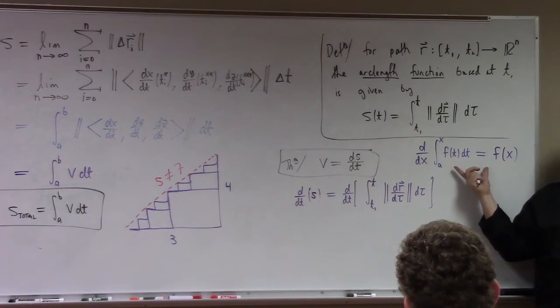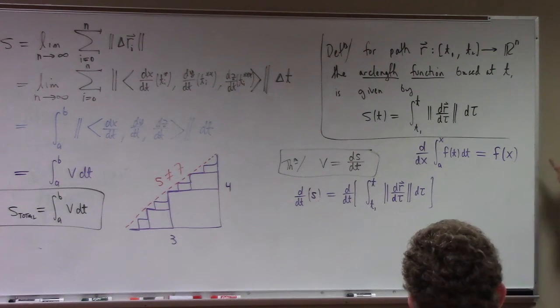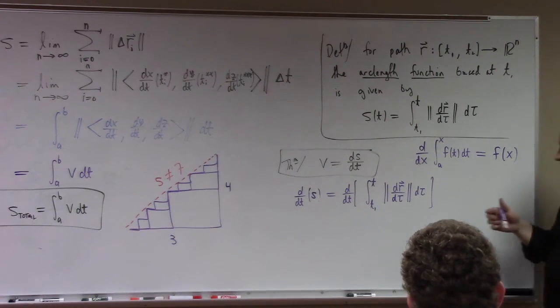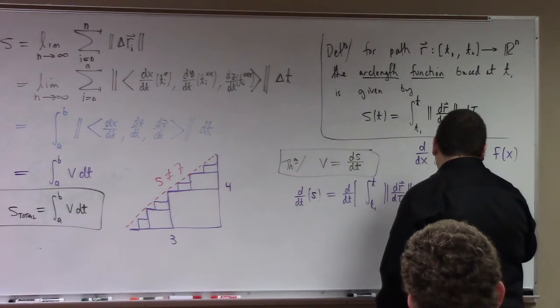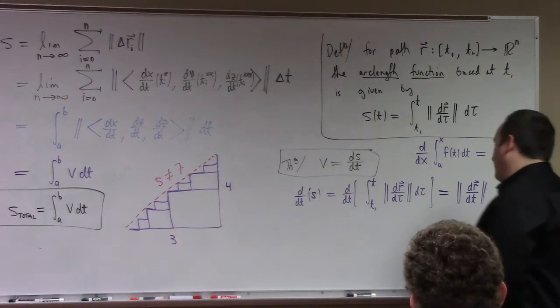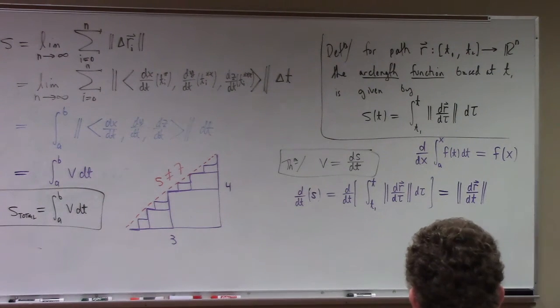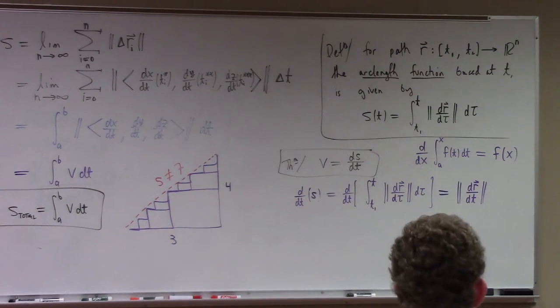This is the fundamental theorem of calculus part 1 or 2, depending on the textbook you look at. But in my default, it's 1. Anyway, the point is that that is equal to the magnitude of dr/dt by the fundamental theorem of calculus, part 1. And what is that? That is what we defined to be speed.